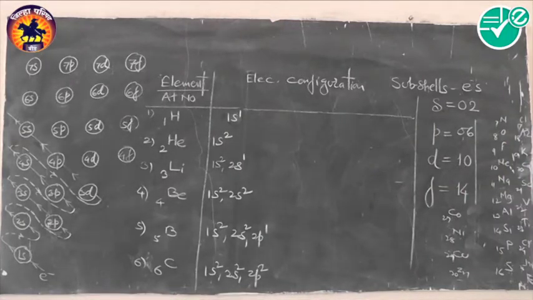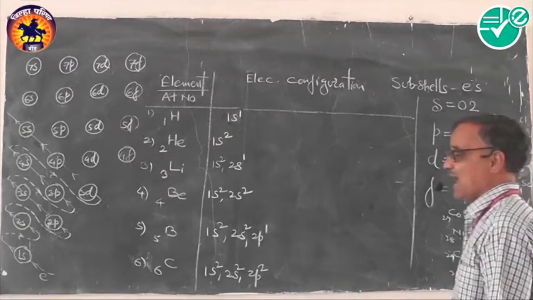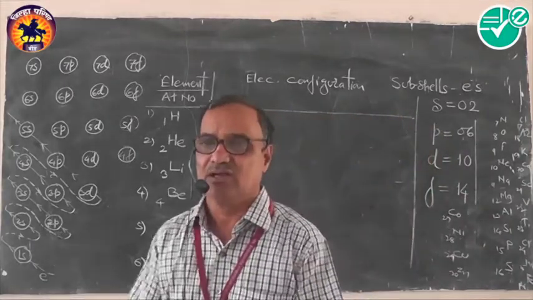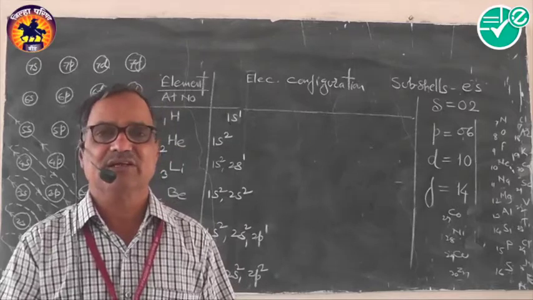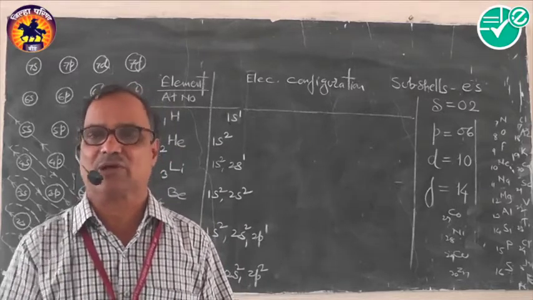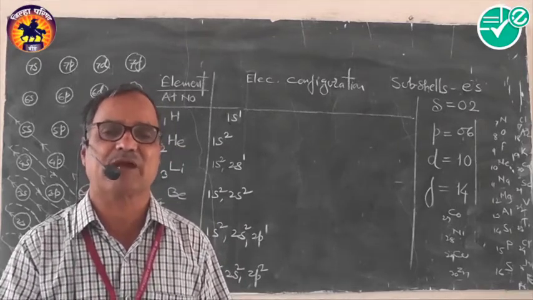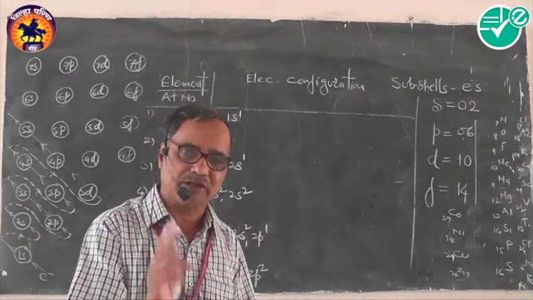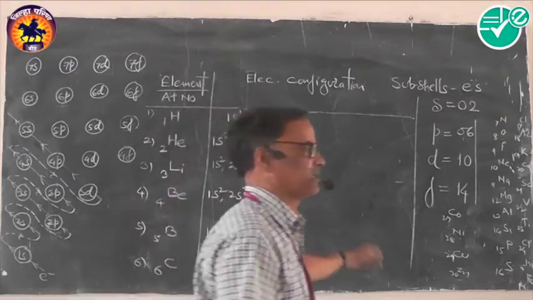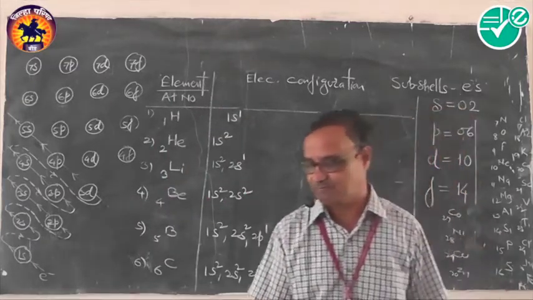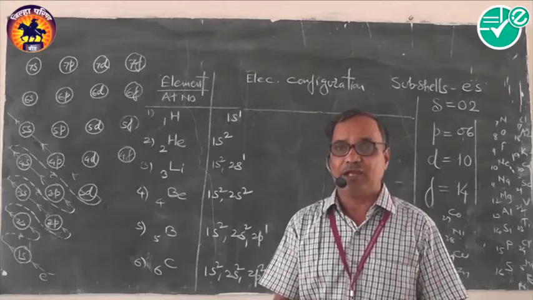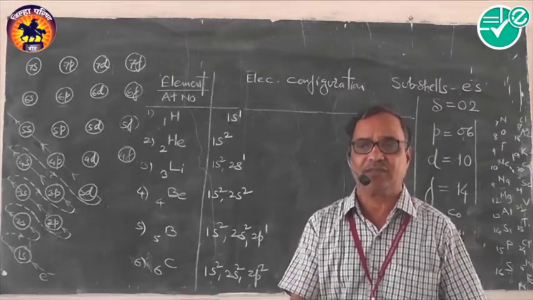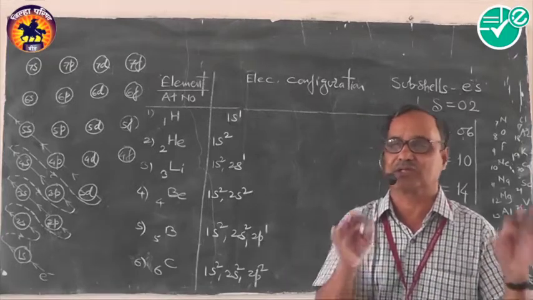Each orbital contains a maximum of 2 electrons. As there are 7 orbitals on the basis of the magnetic quantum number, each orbital contains 2 electrons. It means 7 multiplied by 2 is equal to 14. This is the maximum capacity to accommodate electrons in the f sub-energy level. So the p, d and f sub-energy levels contain 6, 10 and 14 electrons respectively.